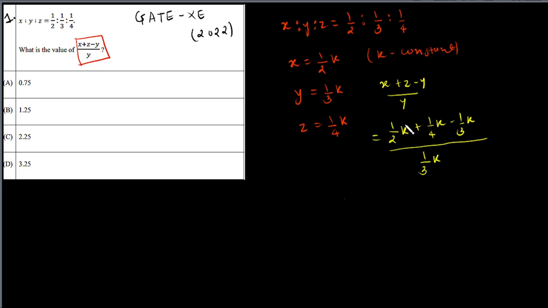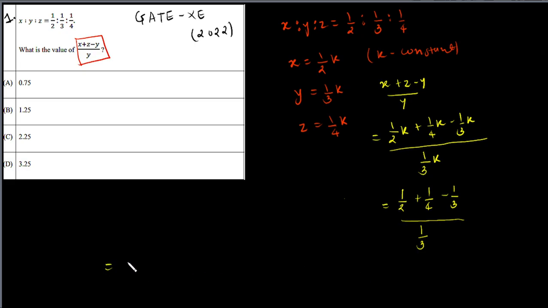Now I can cancel out this k from the numerator and the denominator. After cancelling, we are left with 1/2 + 1/4 - 1/3, and we have to divide this whole term by 1/3. So I can take this 3 into multiplication with the numerator.